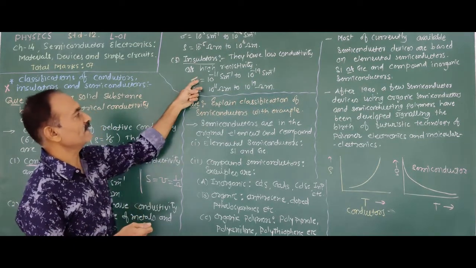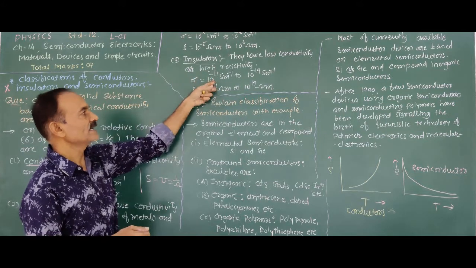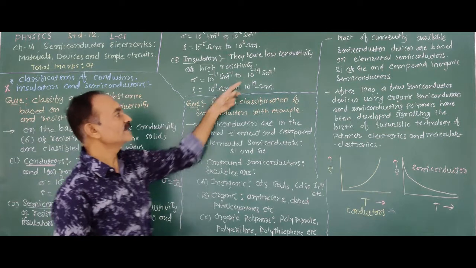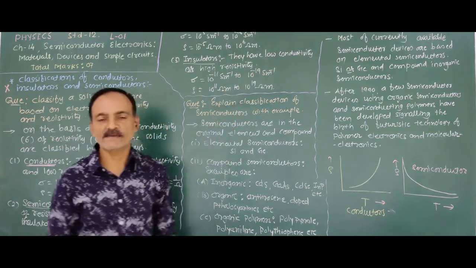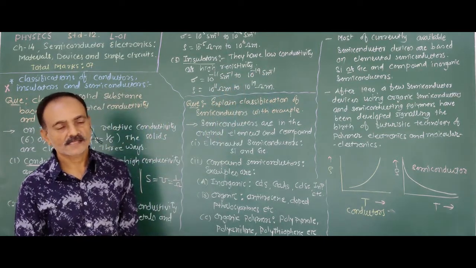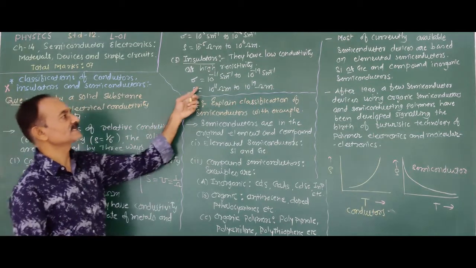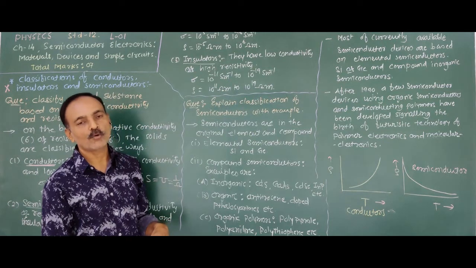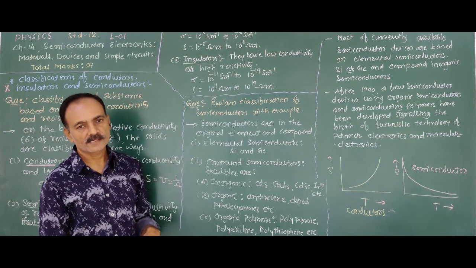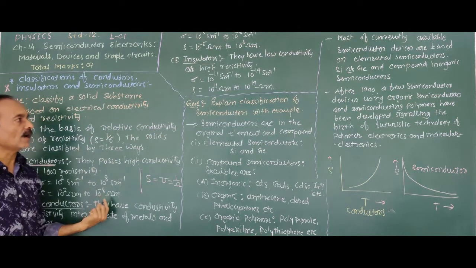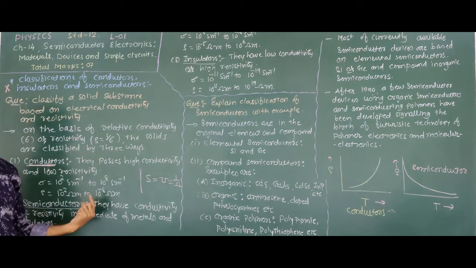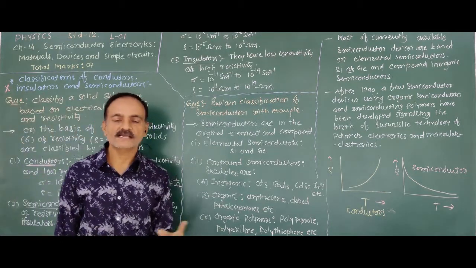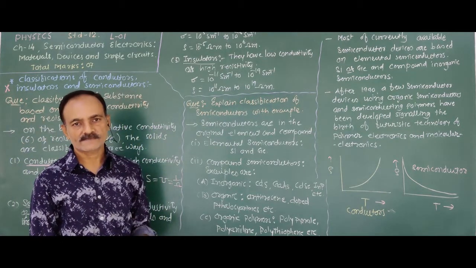Therefore, the value of conductivity for the insulator is 10^-11 Siemens per meter to 10^-19 Siemens per meter, while the value of resistivity is 10^11 ohm meter to 10^19 ohm meter. So that is the classification of solids into conductor, semiconductor and insulator on the basis of conductivity and resistivity.